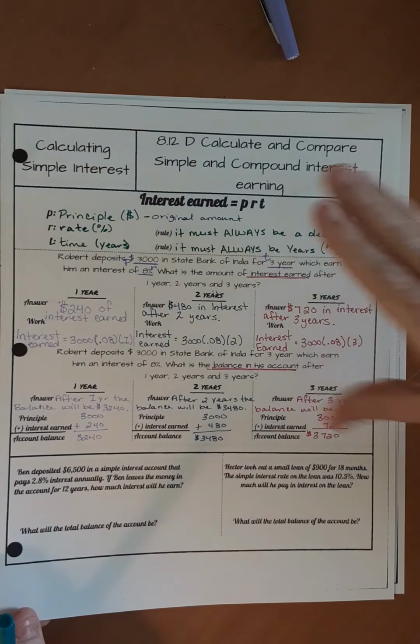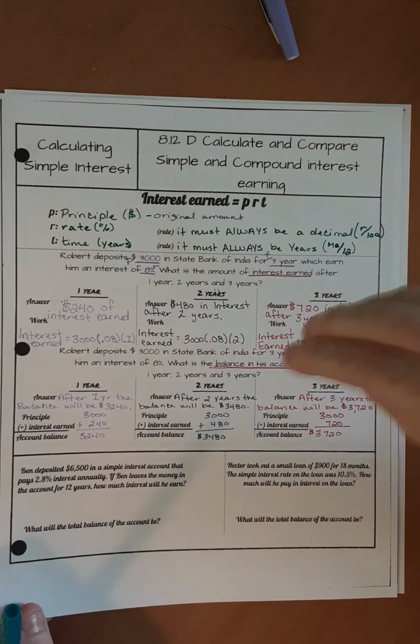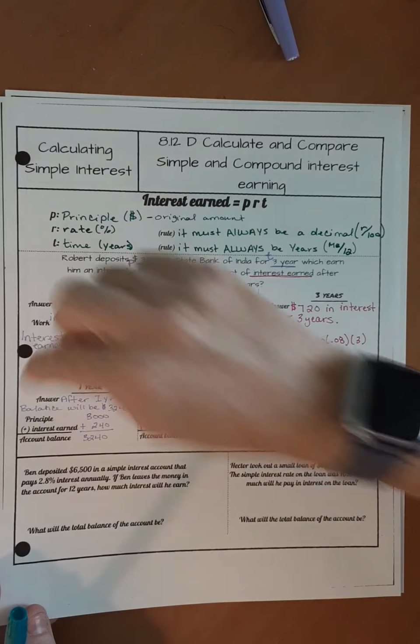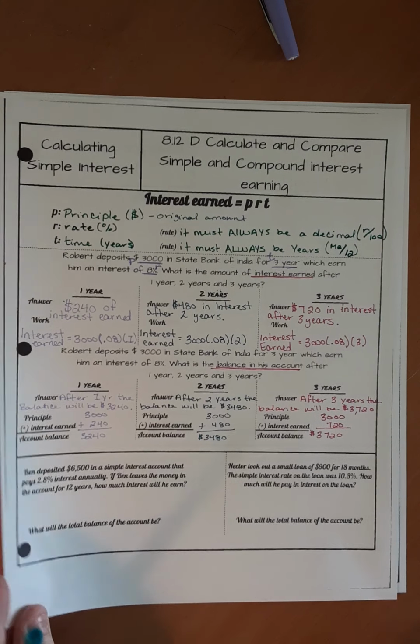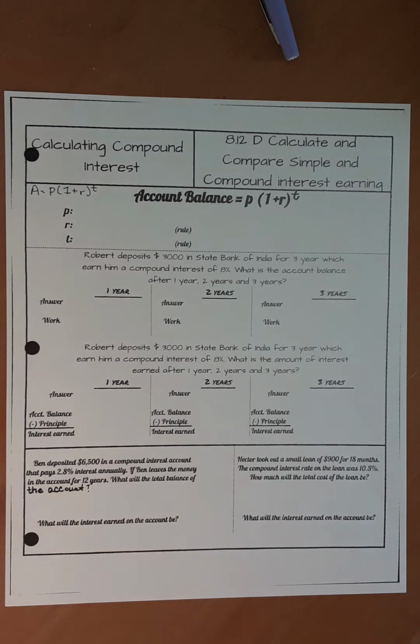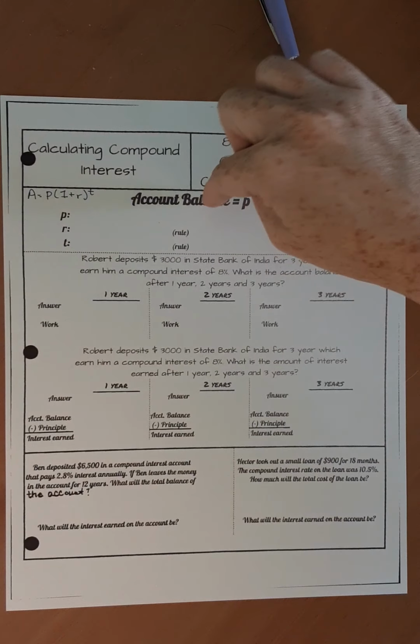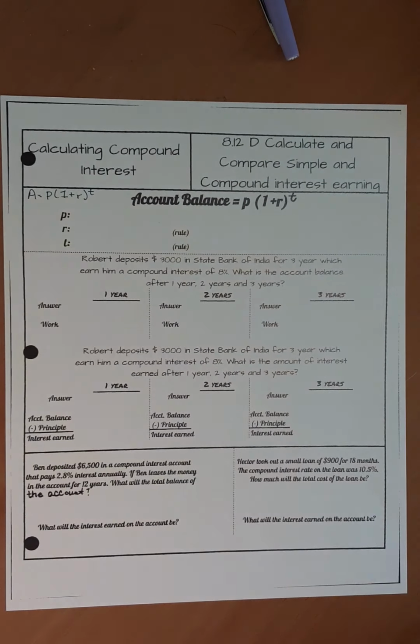So when you ran this formula, the number you were given was just the amount of interest earned on the account. When we're running the compound interest formula, what you're going to get as your answer is the balance in the account, the total money, including principal and interest already added together. That's important to remember, and you'll see why here in a second.